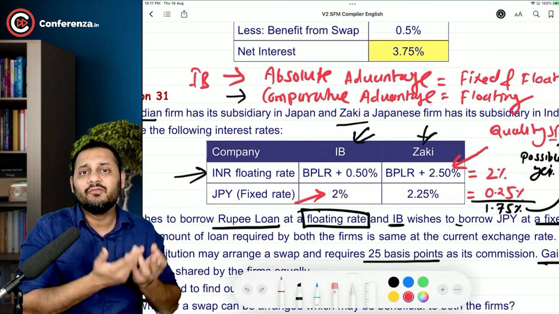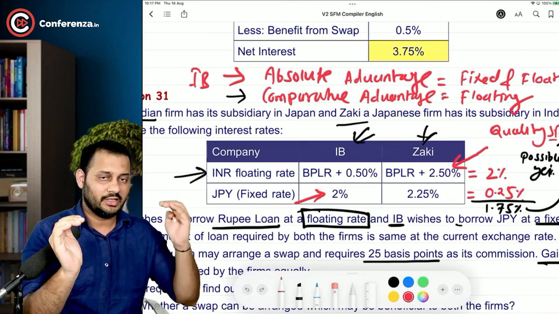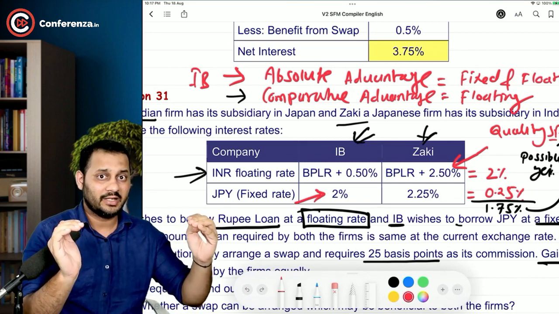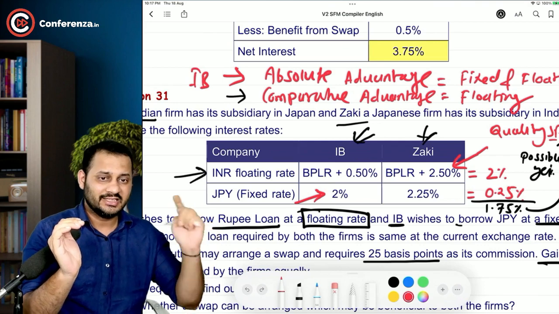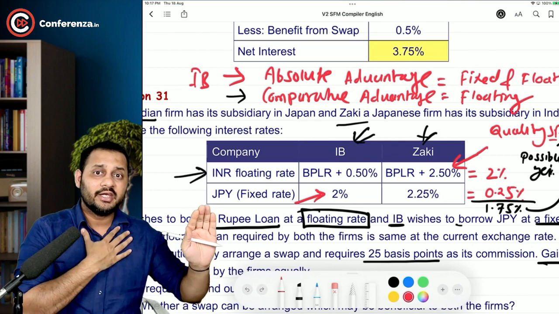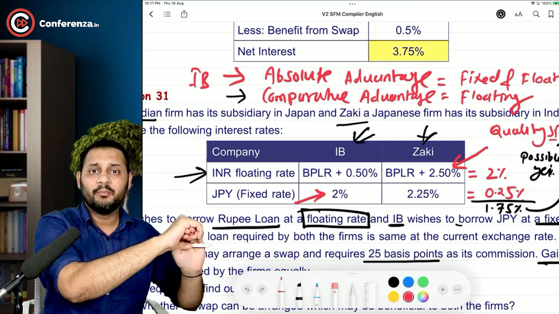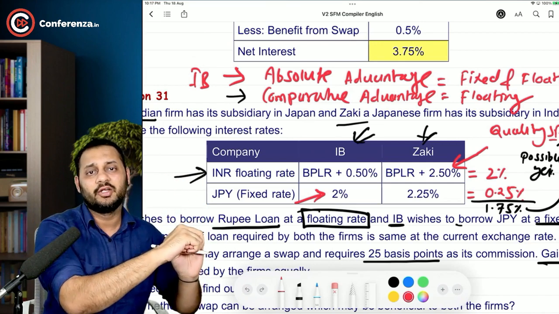The other parties will have no option. So if you want this, but you have an advantage on this, what will happen? How will the swap happen? I will tell you. Since you want this now, but you have an advantage in this, we will convince you to borrow the loan from the bank at which you have a comparative advantage.